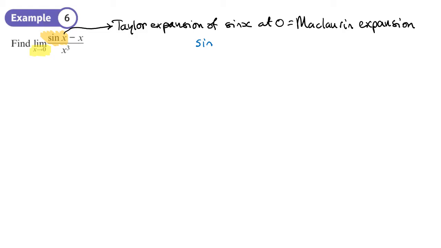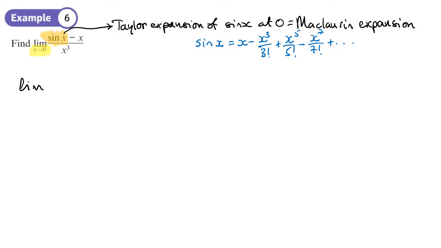In the formula book it will tell you that sine x is x minus x cubed over 3 factorial plus x to the 5 over 5 factorial minus x to the 7 over 7 factorial. I don't know if it says that, but you can work out the pattern. So we don't actually need to differentiate it and work out the Taylor or Maclaurin expansion from scratch. We can just use that. So this is what we will use.